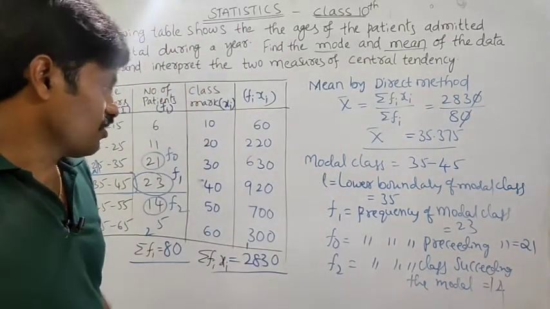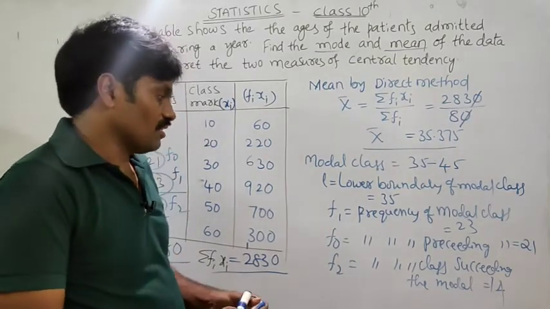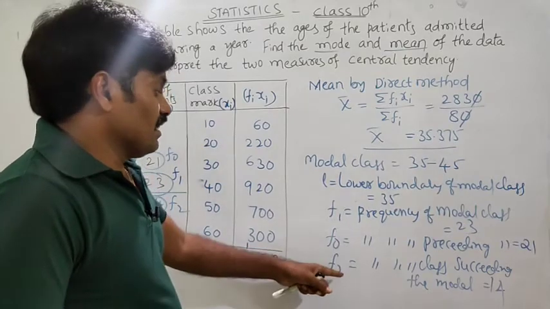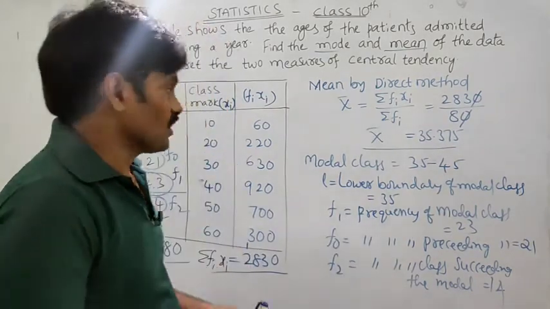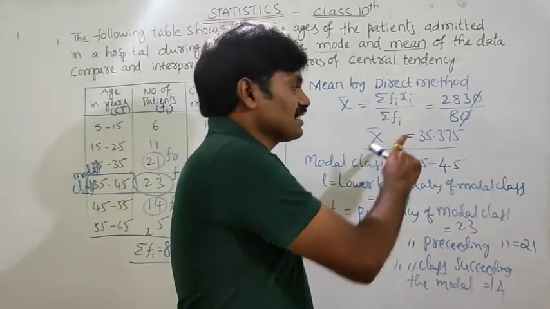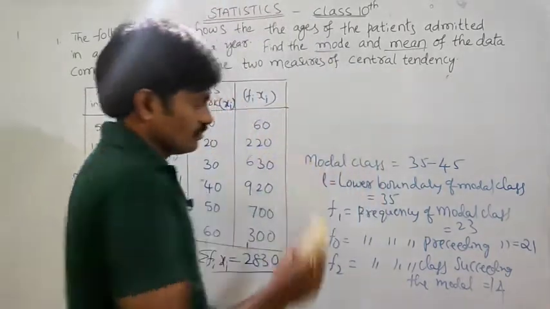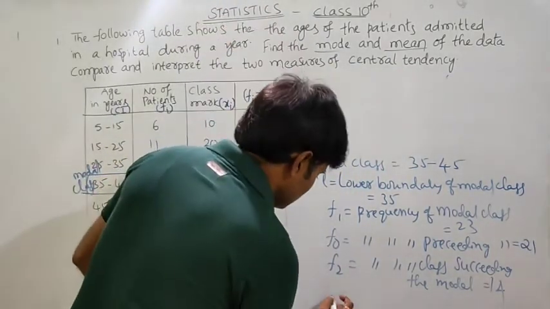Now we have to substitute all these values in the formula. Before substituting, we have to identify the value of h. So before that, I am erasing this information. Class size is h.